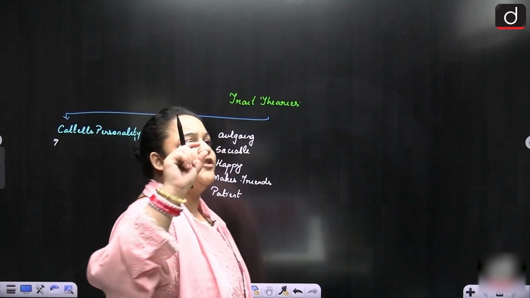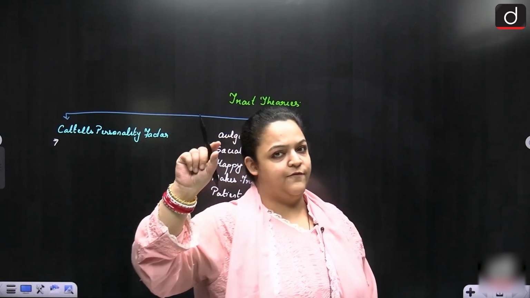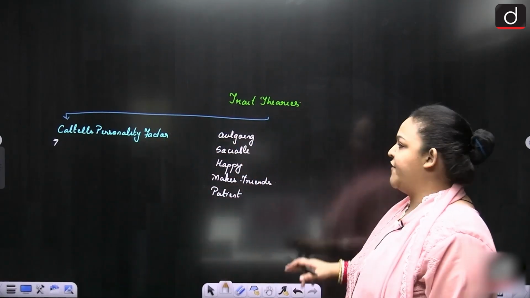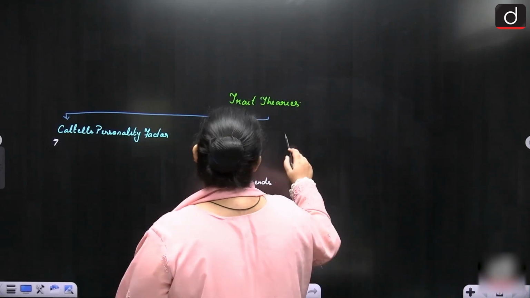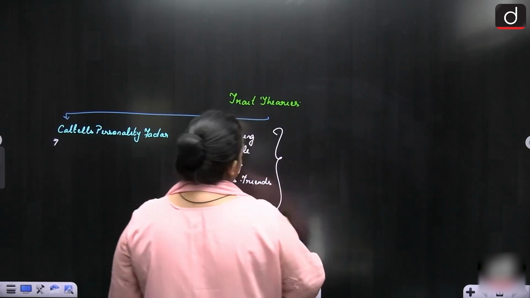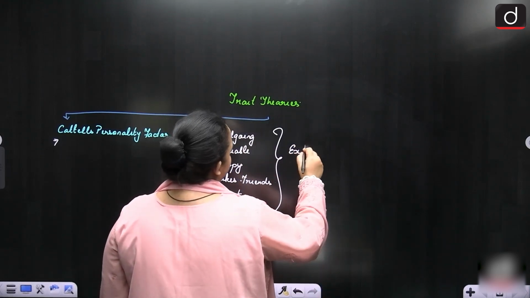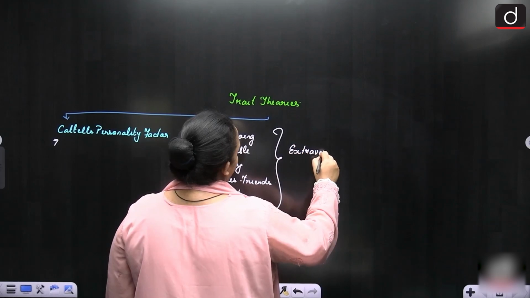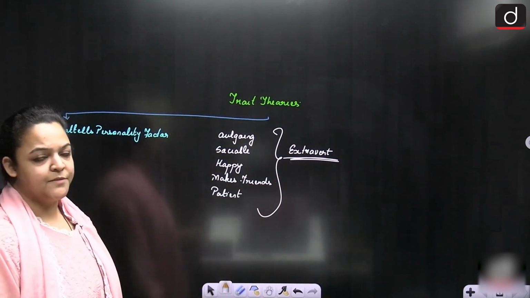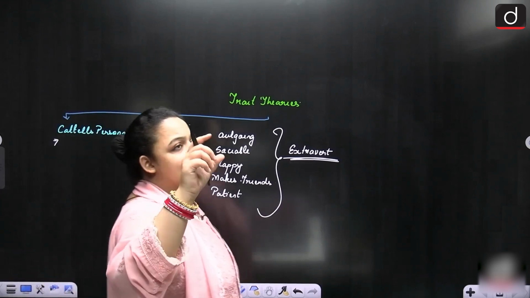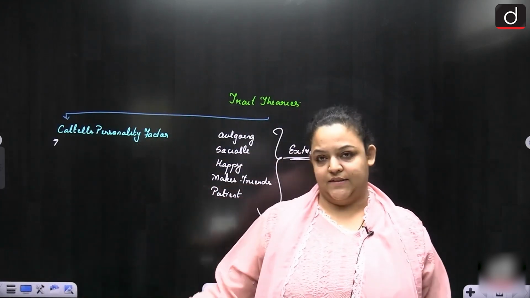Now, if I have to use one term for all of these features, what term can I use? Can I use extrovert? Can I use this term? Right? That is what factor analysis means.